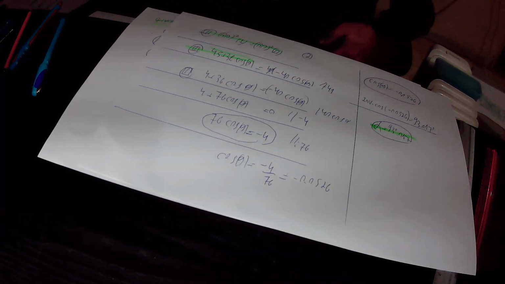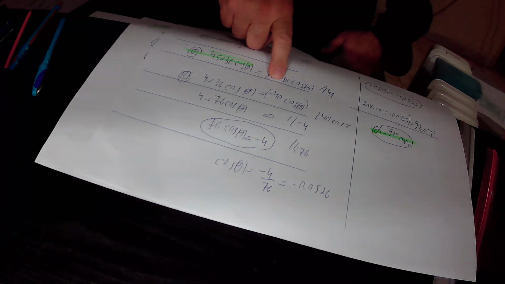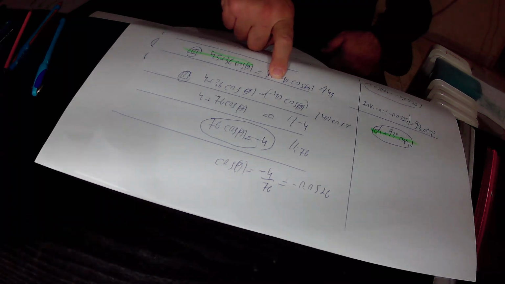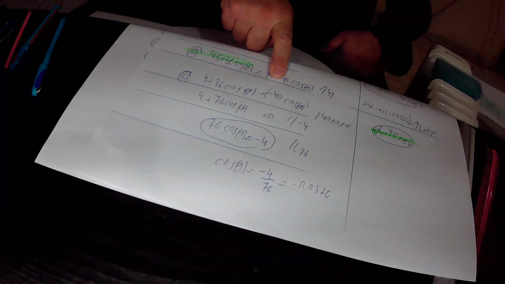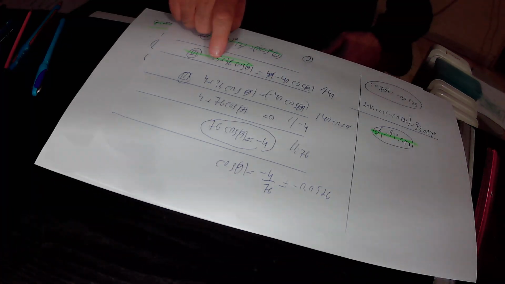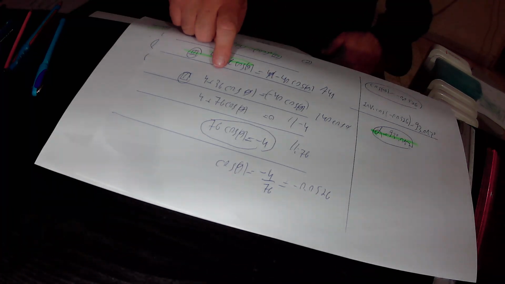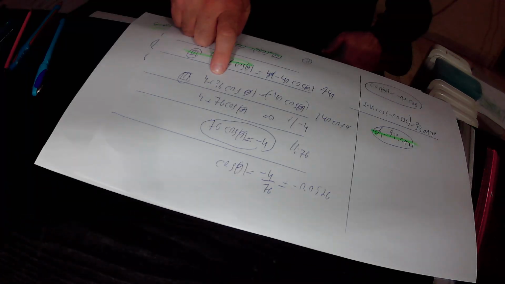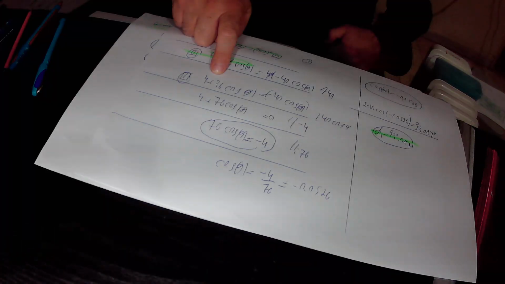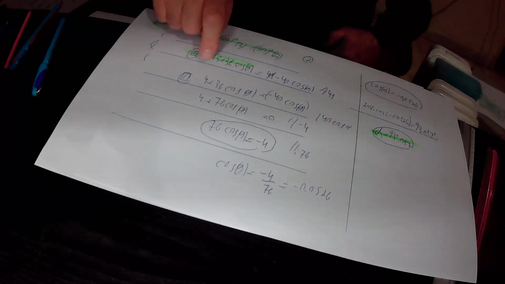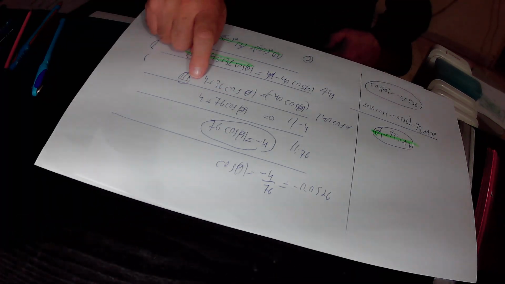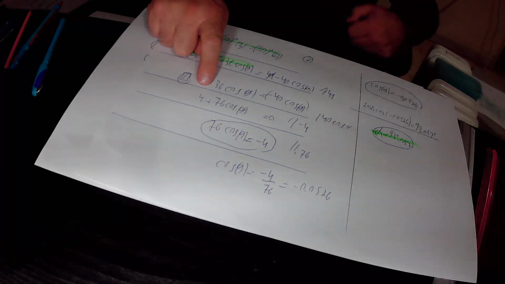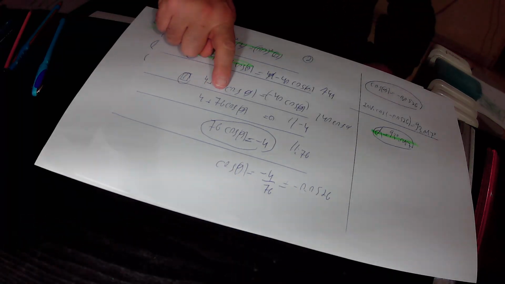So in total, on this side of the equation we have 4 plus 76 cosine alpha equals 0.